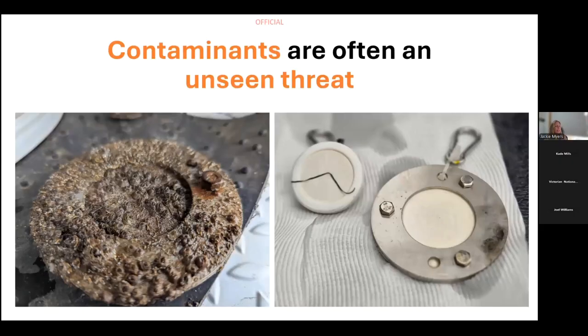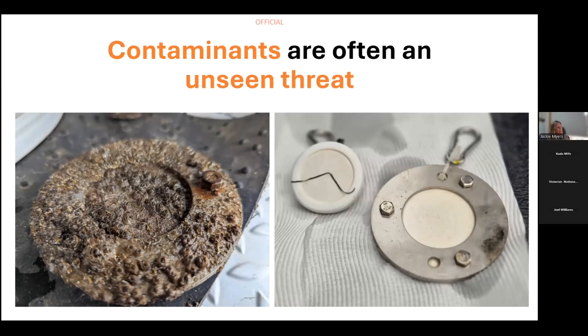Now, contaminants, as Kate also mentioned, are often an unseen threat. We can't always detect them with the naked eye. And unlike more obvious pollution, such as oil spills or surfactant foams, most contaminant pollution really goes unnoticed.